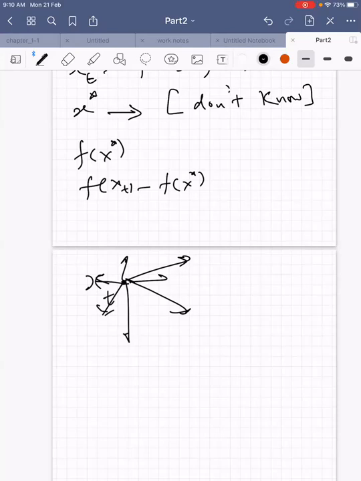So can we say that if the slope is positive, then we'll move towards the left, and if it is negative, then we'll move towards the right?